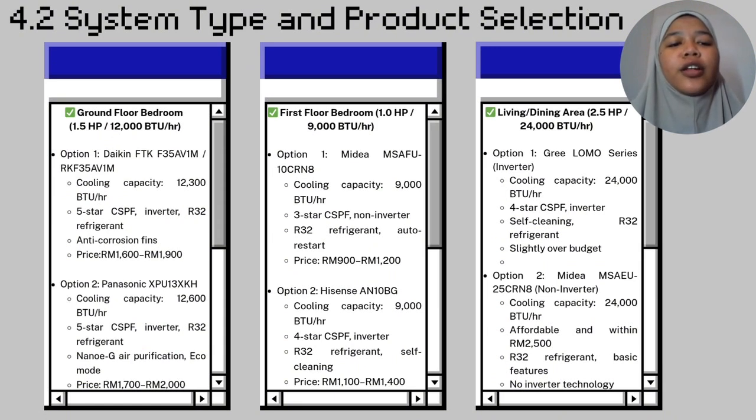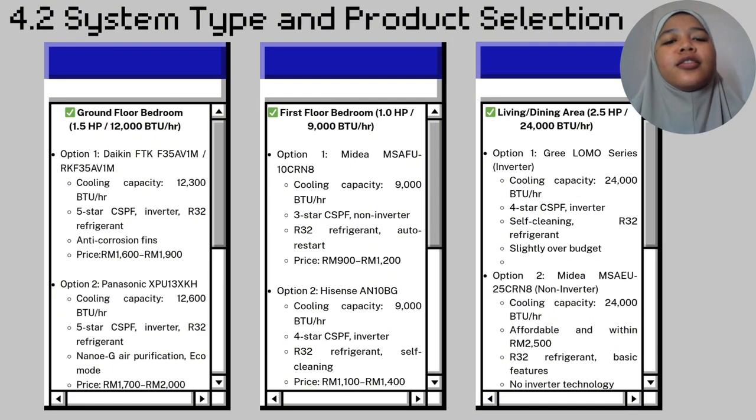The Daikin model is more affordable, while the Panasonic model has an air purification feature. We recommend the Daikin unit for its value and reliability. For the first floor bedroom, we compare Media and Hisense units.